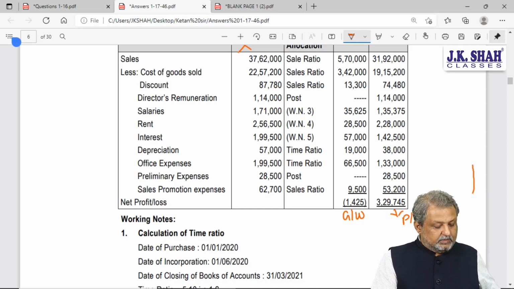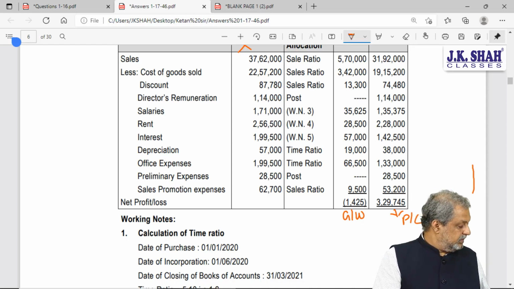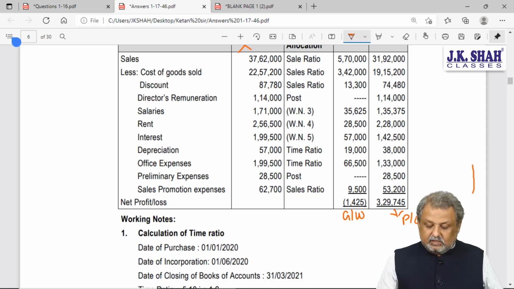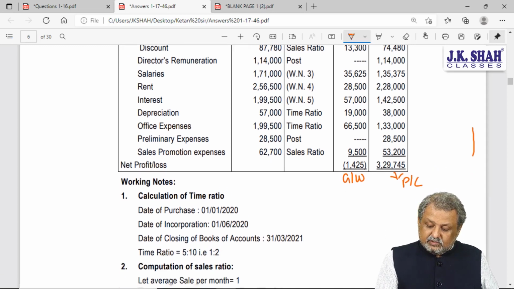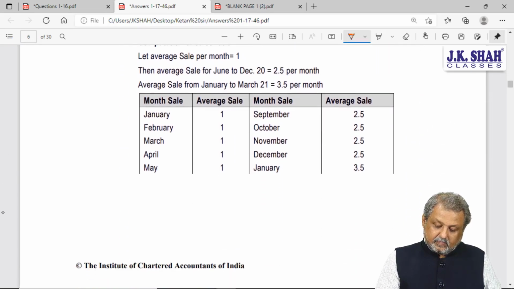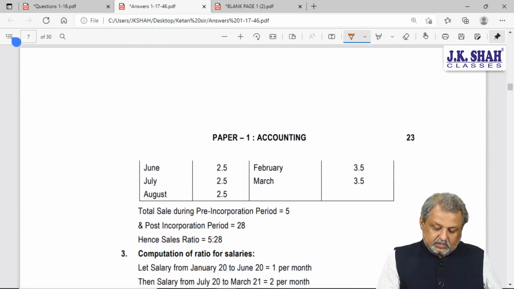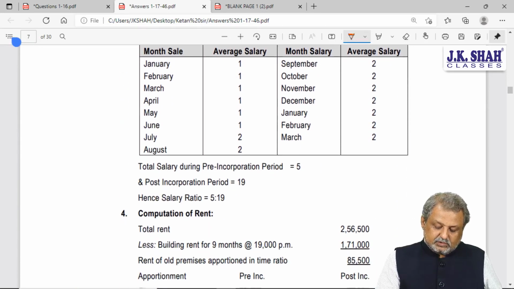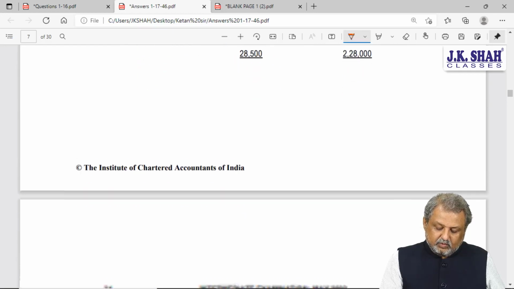Very nice topic, very simple topic. At the same time, very high scoring. But you need to be careful in writing down the various things. Wherever you have prepared a working note, write down working notes. Here the working note given is in a different fashion. You can do it in a different manner, not a problem.